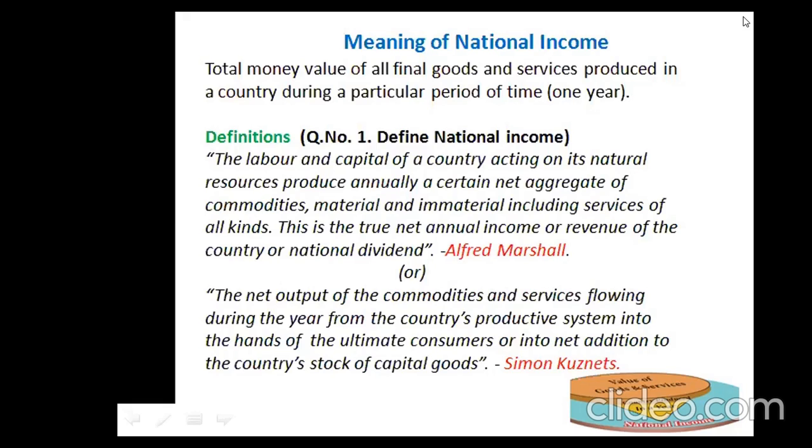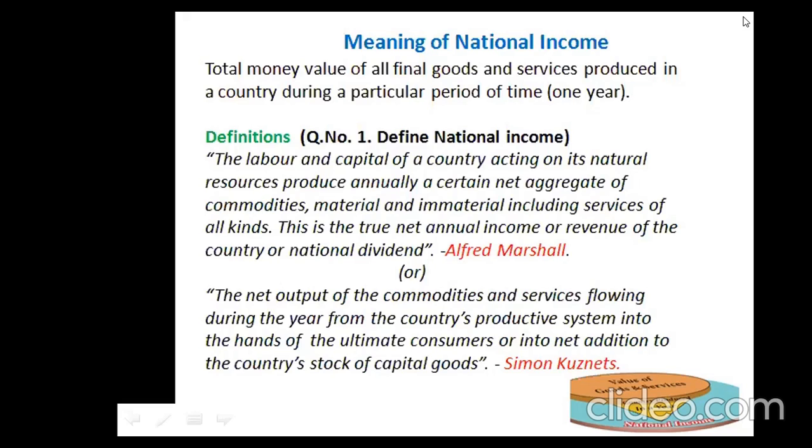While answering the question, define national income, you may write this one or go for the next one. That is given by Simon Kuznets. Accordingly, the net output of commodities and services flowing during the year from the country's productive system into the hands of the ultimate consumer or into net additions to the country's stock of capital goods.